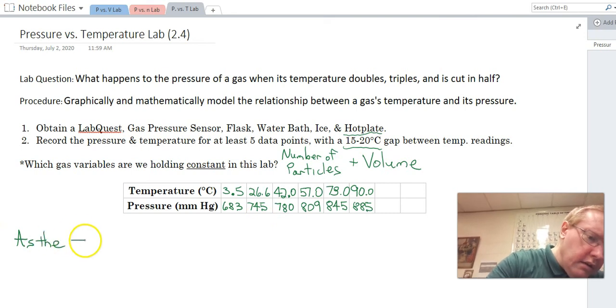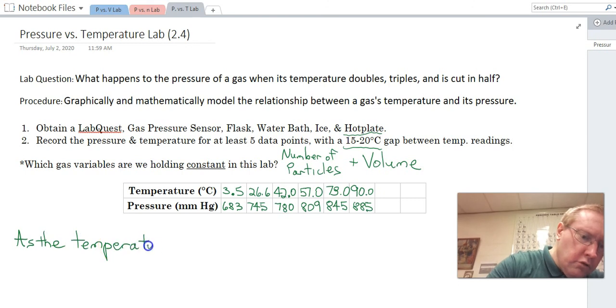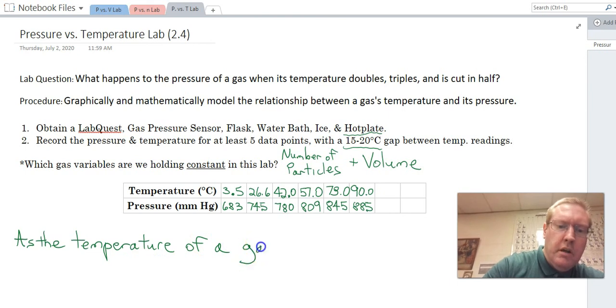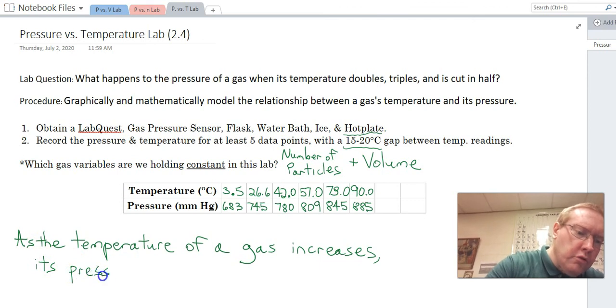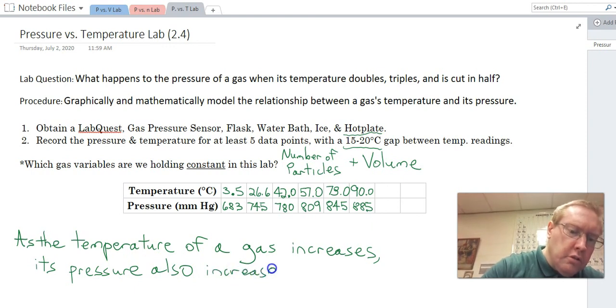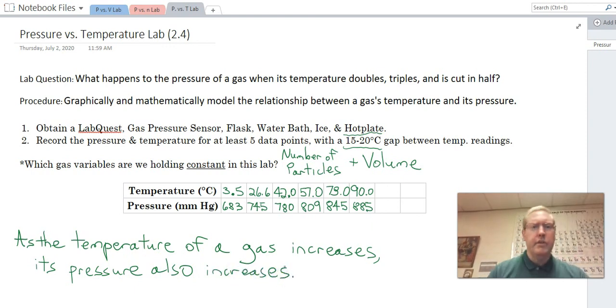As the temperature of a gas increases, its pressure also increases.